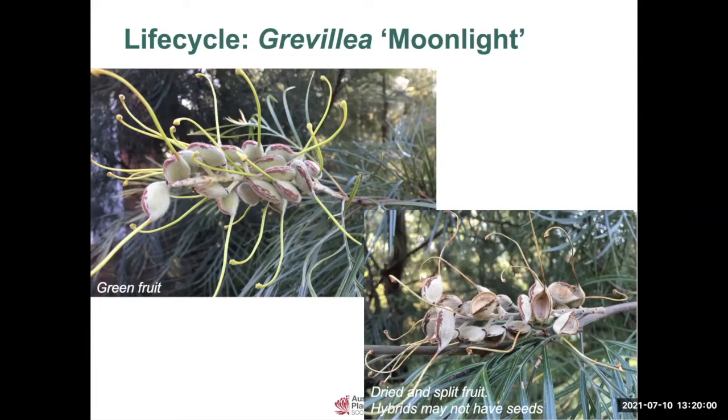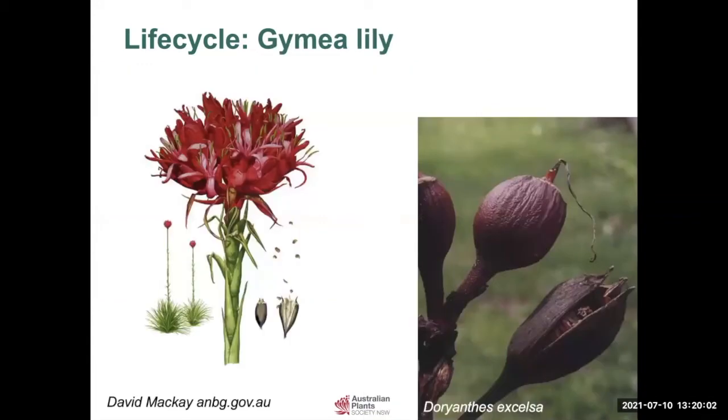Okay, now for something different. Our local Gymea lily, because it's so tall, we very rarely see what the top of the flower stalk looks like and what the fruit and the seeds of the Gymea lily look like. I've got a diagram there, which we used on one of our signs at Joseph Banks Reserve.